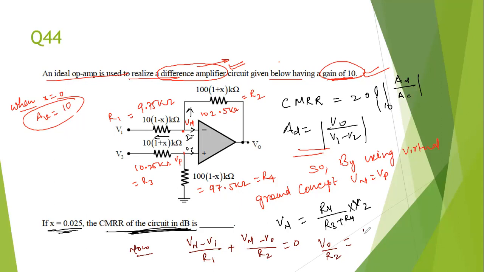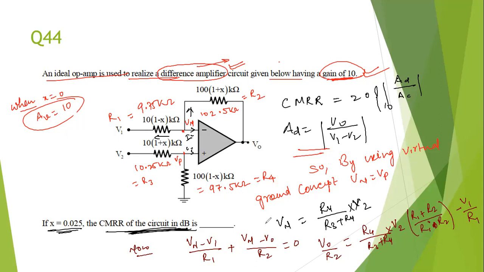So Vn equal to what? R4 upon R3 plus R4 into V2 into 1 upon R1 plus R2 upon R1 into R2, minus V1 by R1.